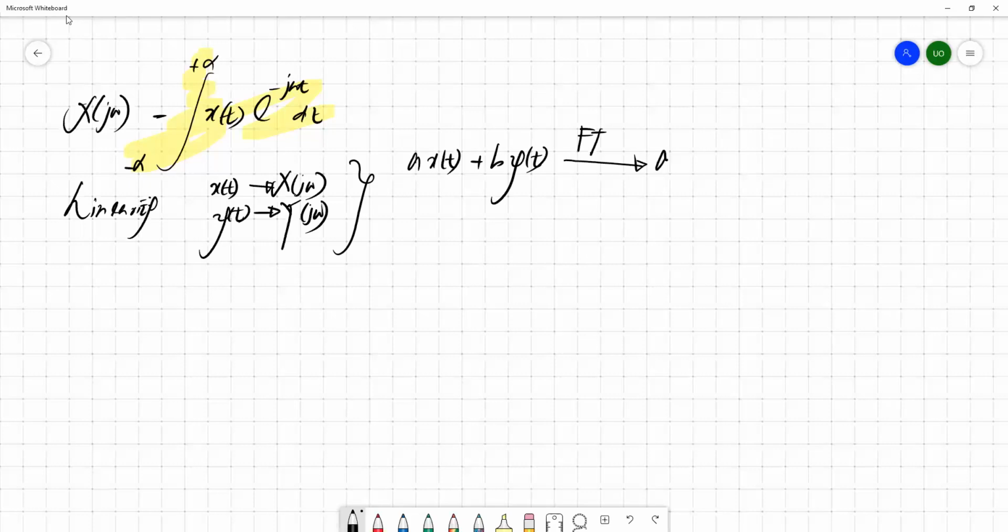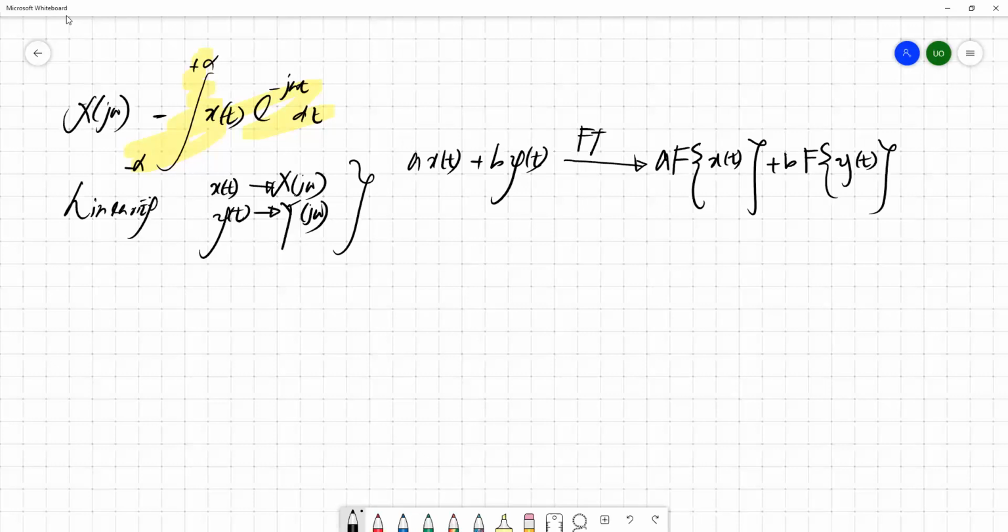You can take a out, apply the Fourier transform to x(t), plus b out, apply the Fourier transform to y(t). So we can do that.